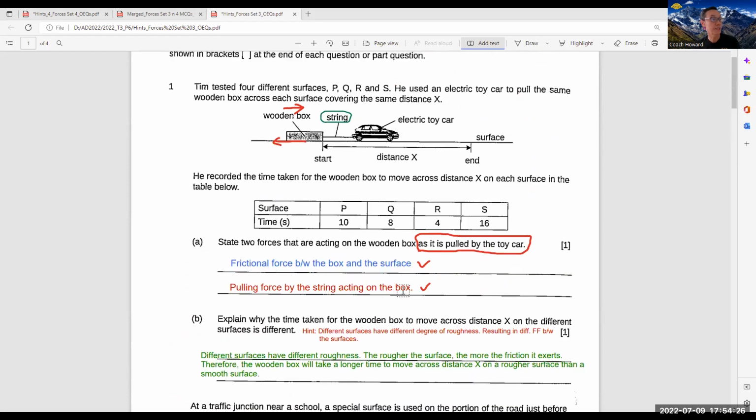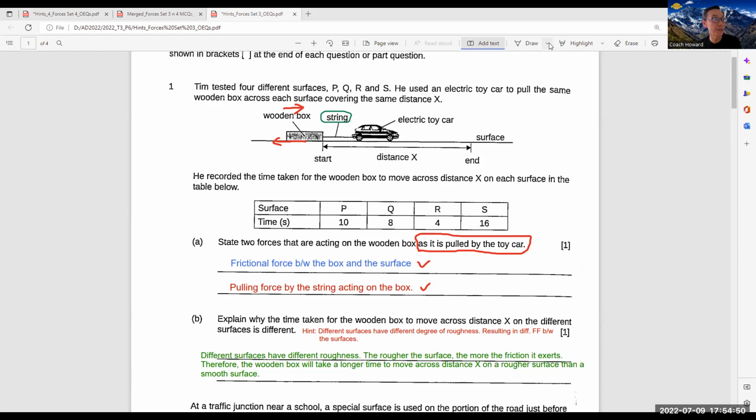Okay, so you look at here, the time taken to move. Because can you see, the longer the time it takes, it means the surface exerts more frictional force, because the electric car is applying the same pulling force. So in this answer, it is surface S, because S took the longest time.